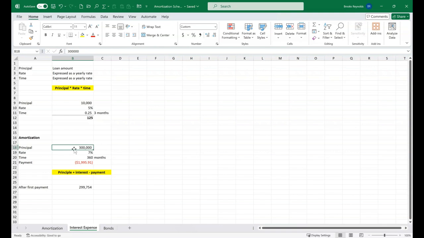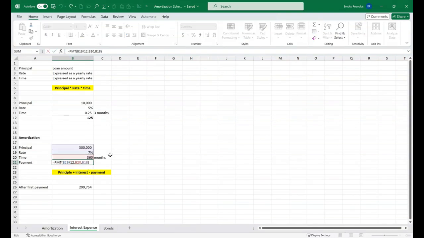Second one, amortization. So we start with $300,000. Our rate is 7%. We're doing this over 360 months. So our payment is going to be, again, PMT, and that's interest rate, number of periods, present value. Okay.